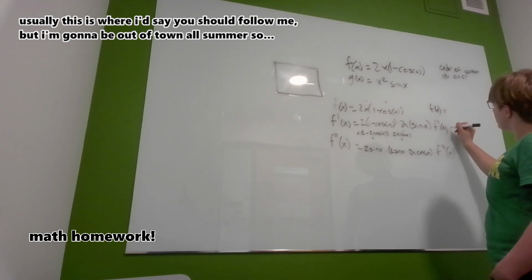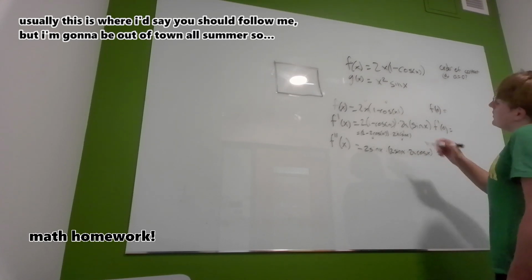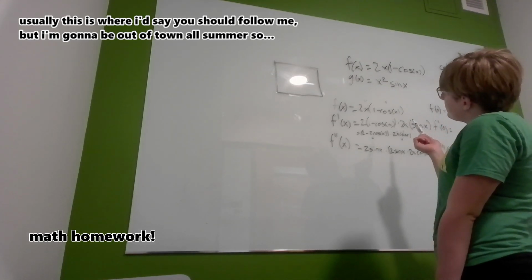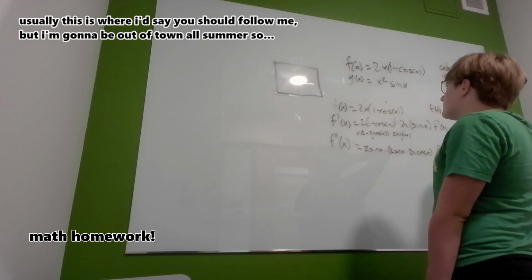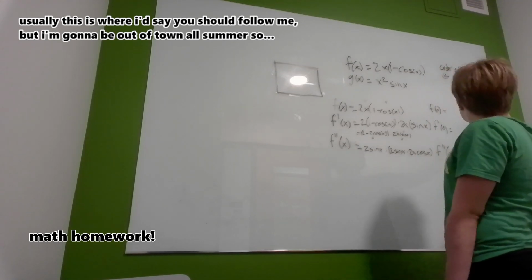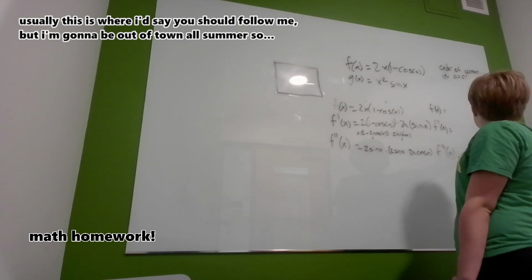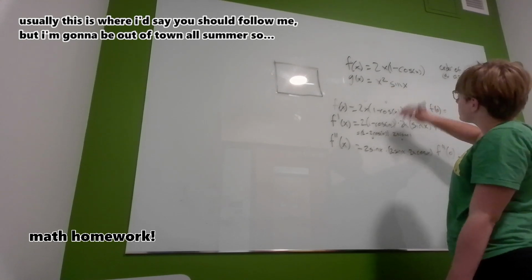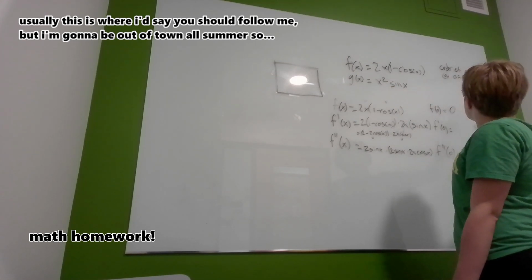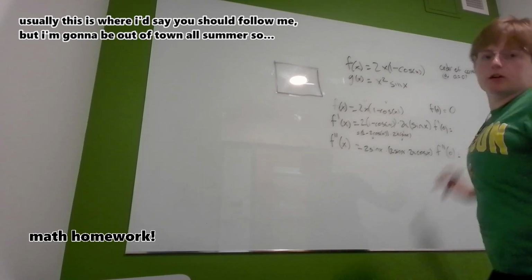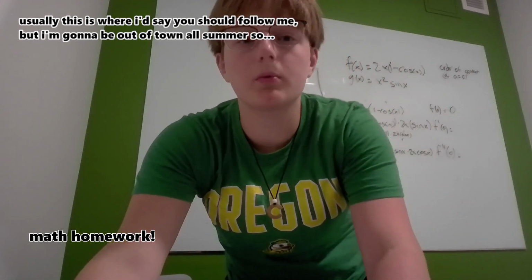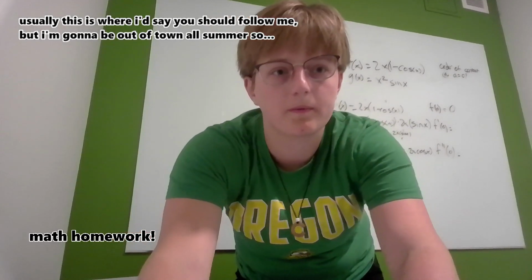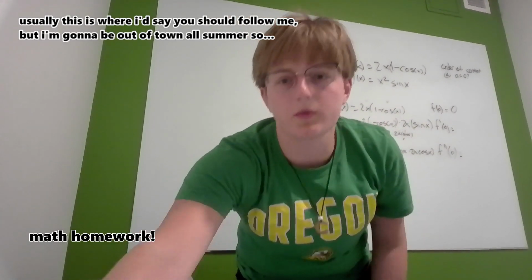And just do f of 0. So if you do 2 times 0, cosine of 0 is 1 on the y-axis. 1 minus 1 is 0 anyway. It's just 0. Let me double check.